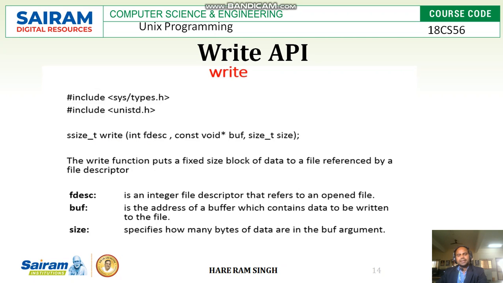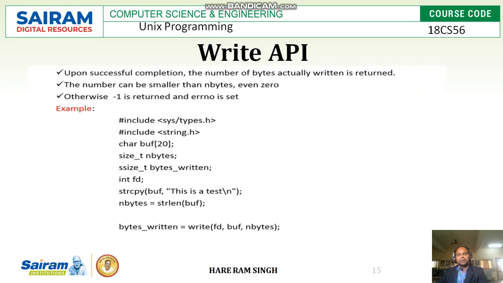So in different cases, it can happen that it will not be executed successfully, because suppose the file descriptor is representing a file which is not present at the moment, then it can return -1.